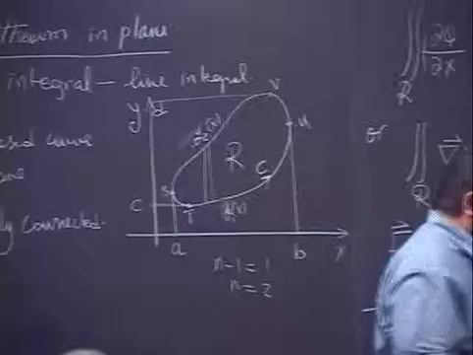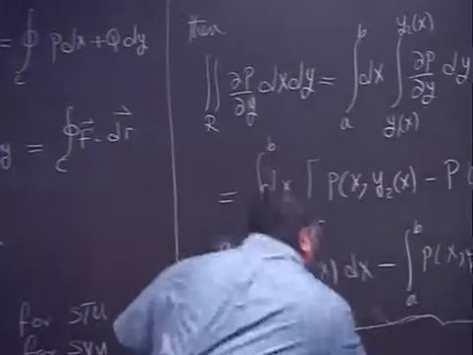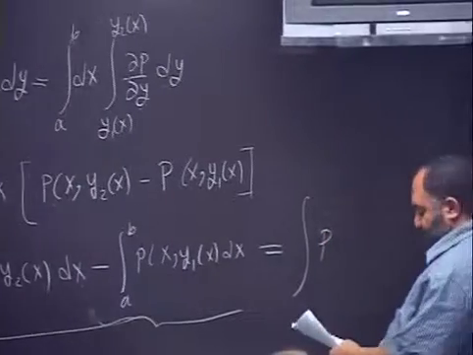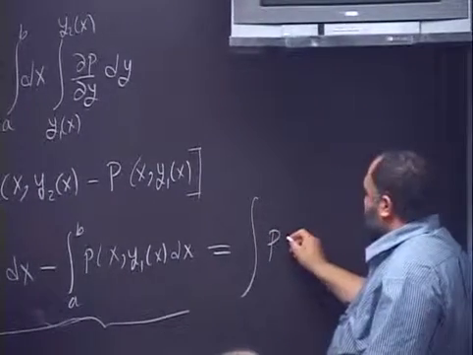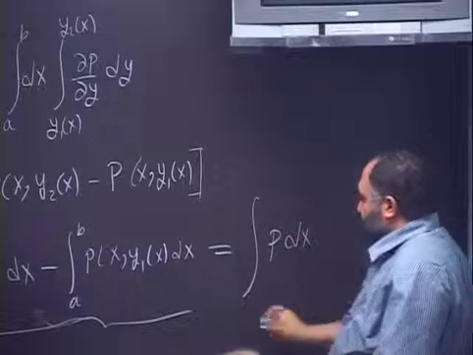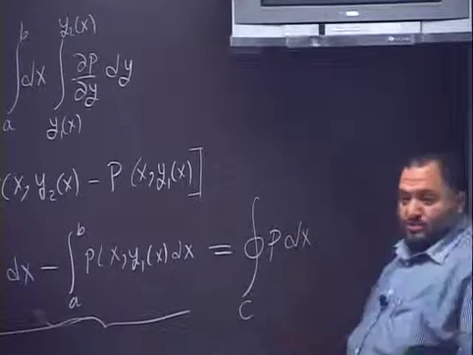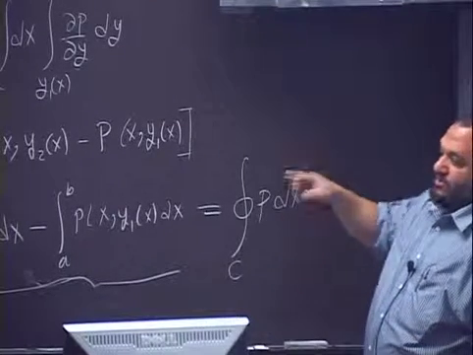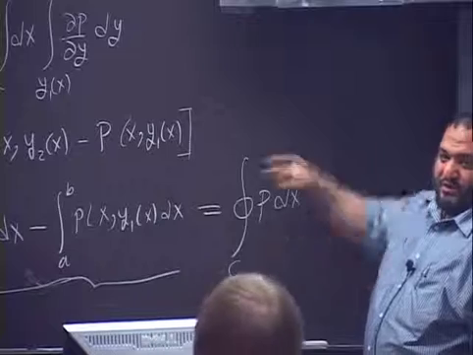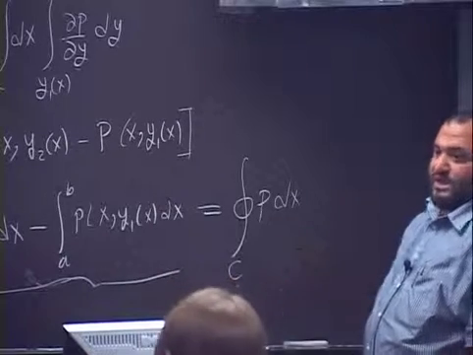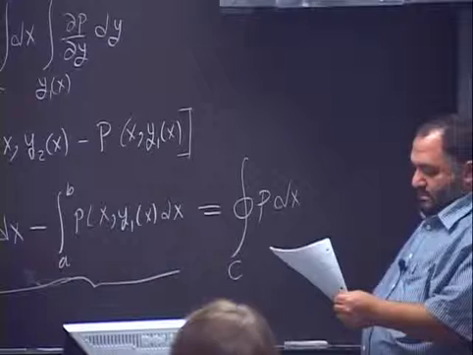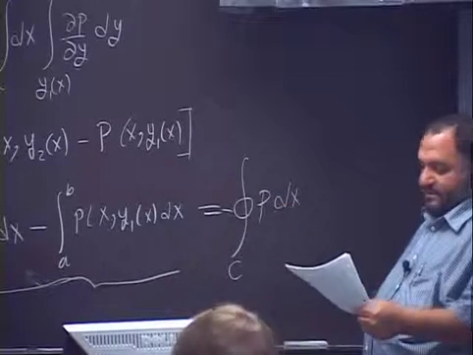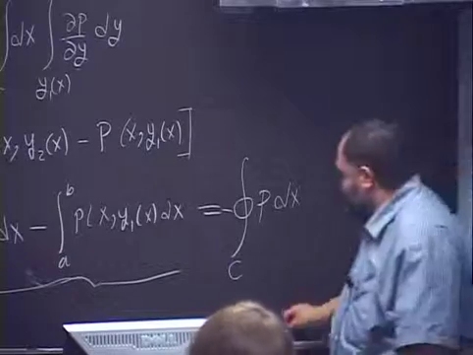So what's this? This is the integration of P dx over the closed contour. Yes, guys? Because now I go from one part of the curve over y1 and I return over y2. So this is the closed integration of P dx, and there is a negative sign.